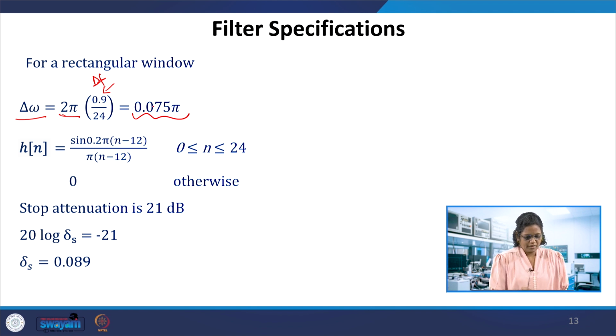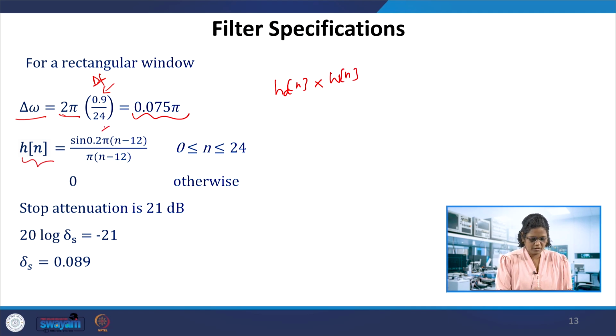If you multiply this HD of n by W of n, the window function, you get h of n. So h of n is sine omega c, where omega c is omega p itself, 0.2 pi times n minus alpha, over pi times n minus alpha, for n from 0 to 24. From this you can get the coefficients.